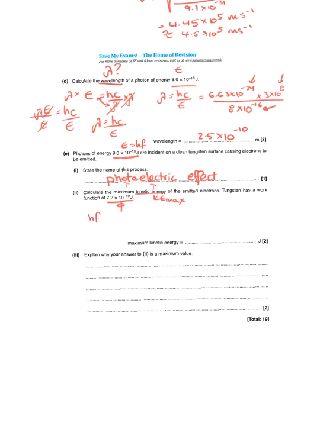You have hf is equal to the work function 5 plus kinetic energy max, which means that you just rearrange. So hf minus 5. Just put the numbers in, and you have 9 minus 7.2 times 10 to the minus 19, and that should give you 1.8.